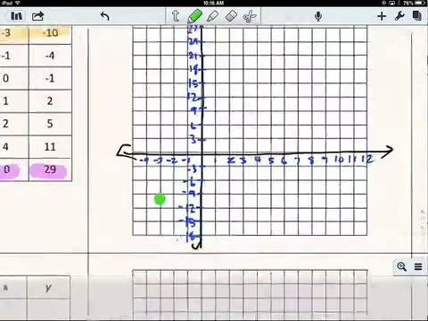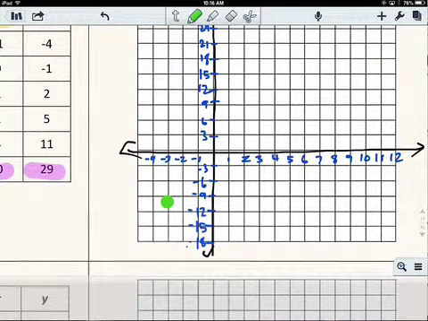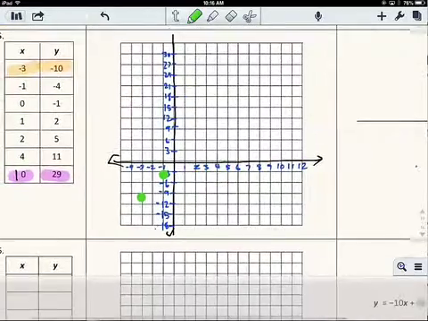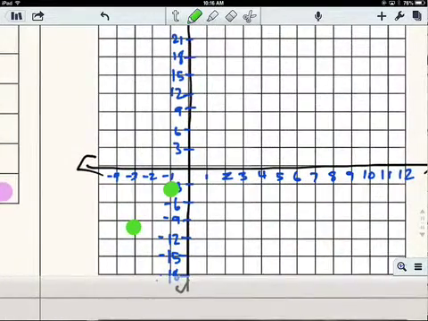Okay, -1, -4, so left -1, and then down, and then -4 is 1 past -3, so it's right about here. Okay, 0, -1, that's no left or right movement, then down 1 from 0.